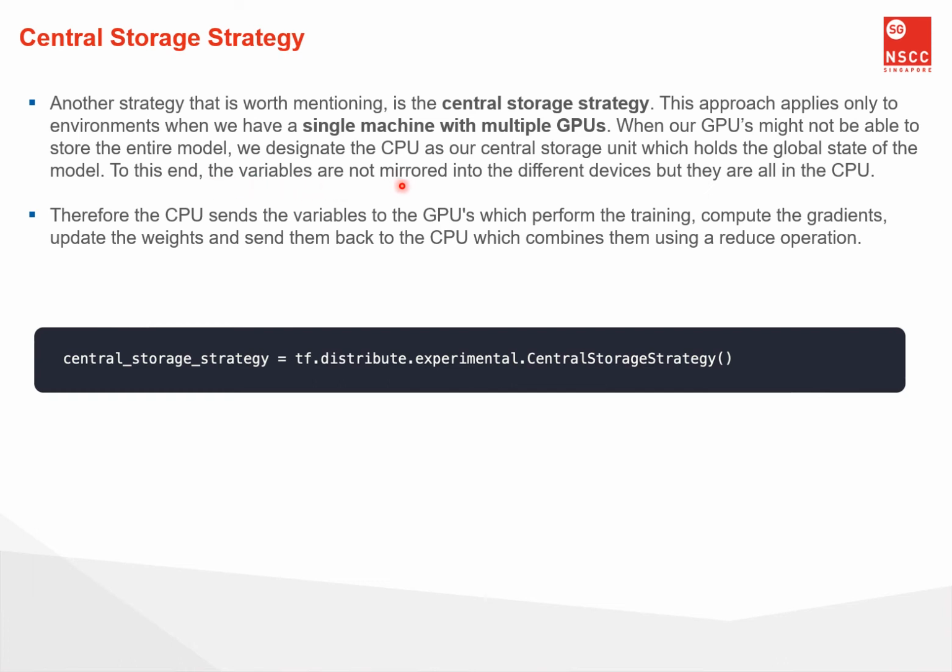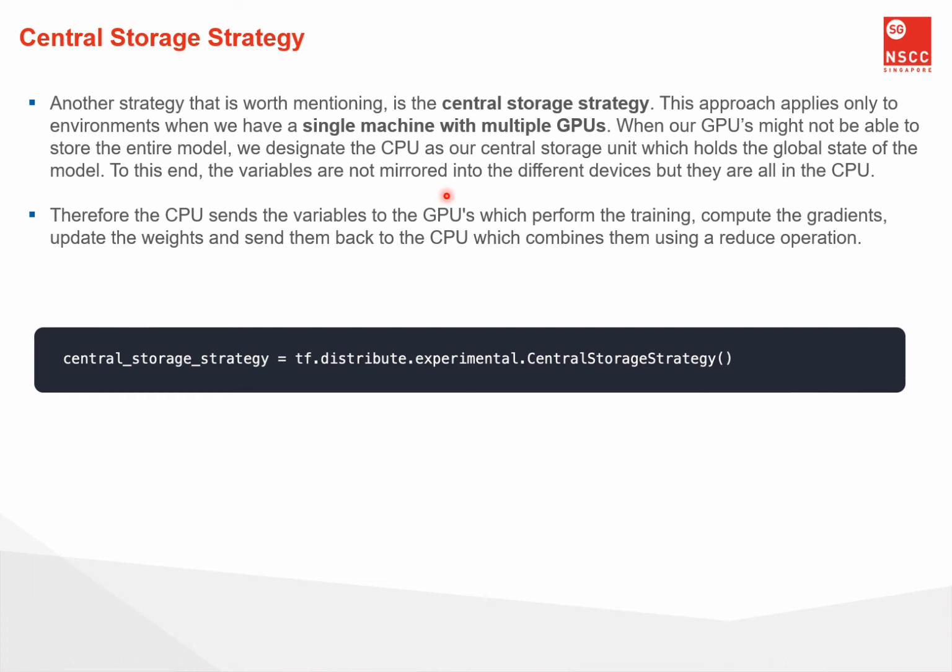So in this case, since the model is not replicated in each individual GPU, the variables are not mirrored on the different devices, but are all managed at the central point in the CPU itself. Therefore, the CPU sends the variables to the GPU side.